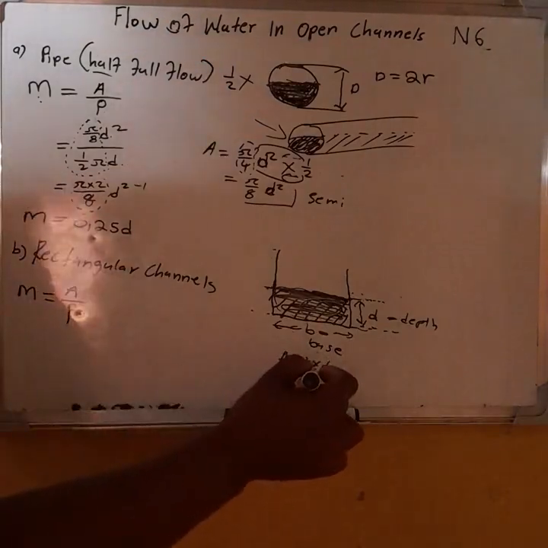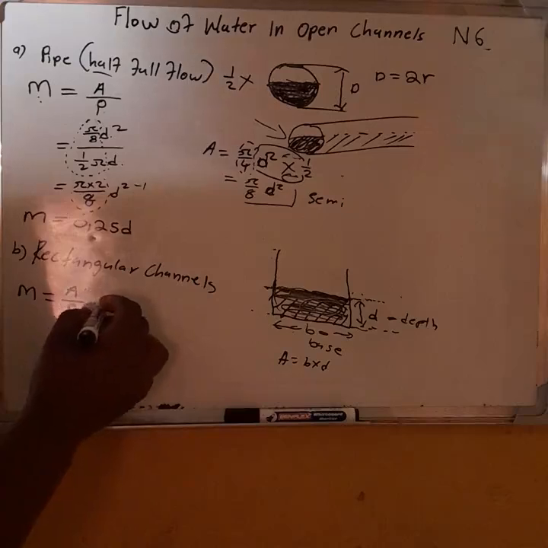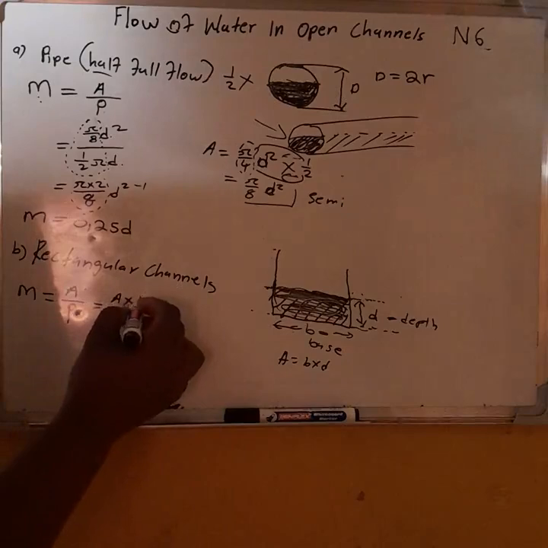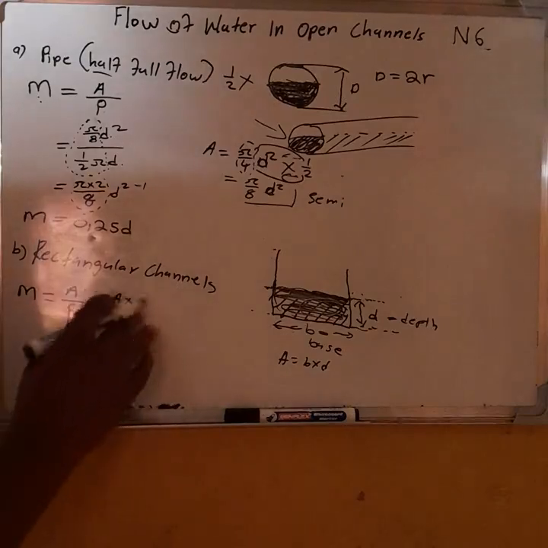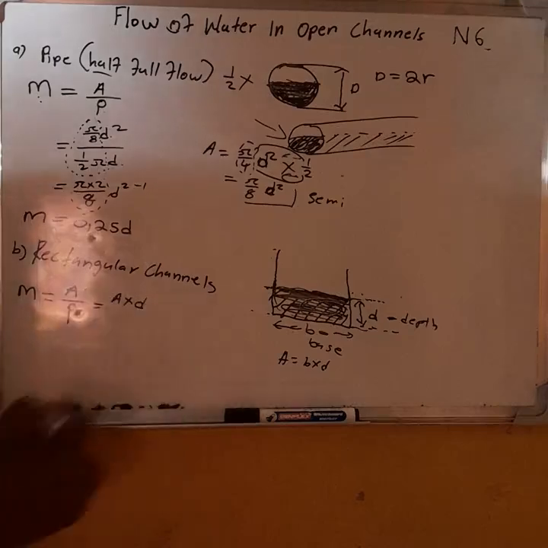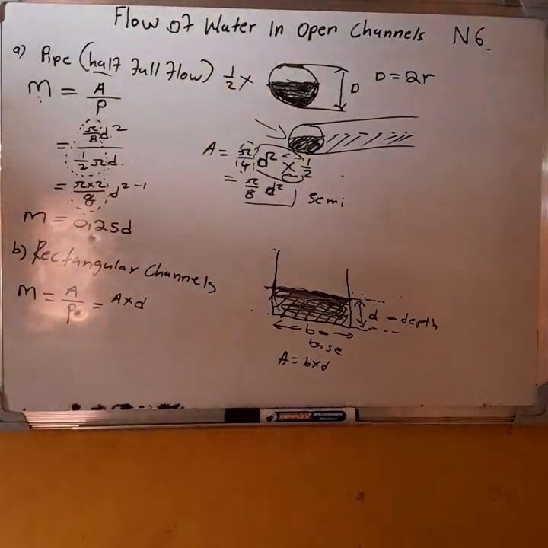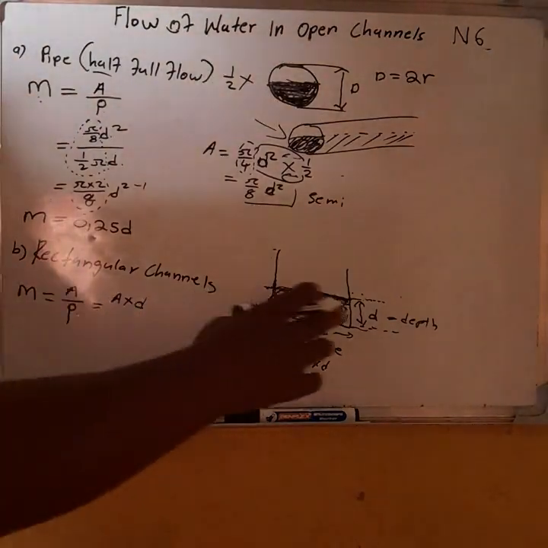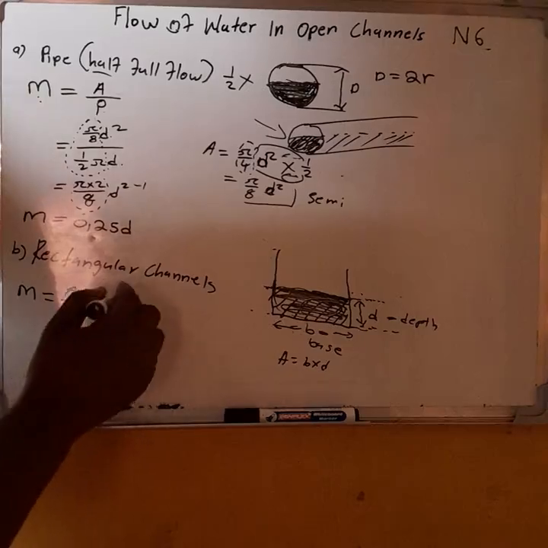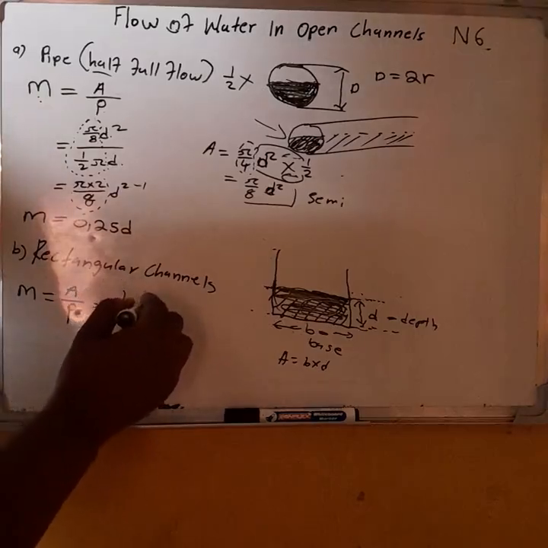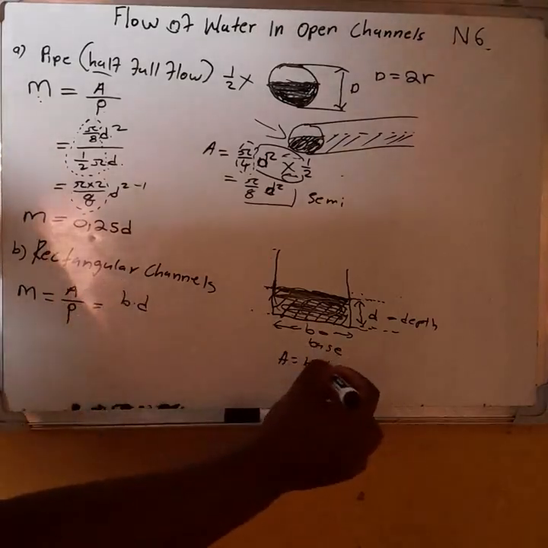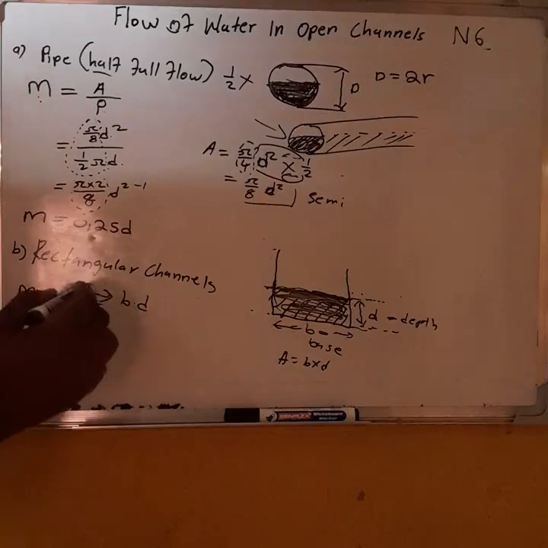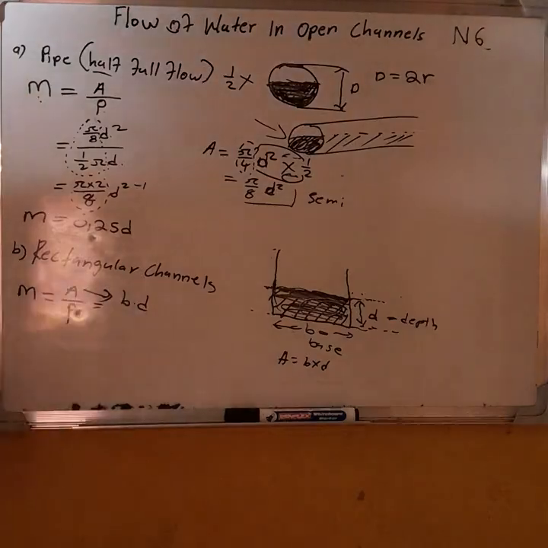So the formula is A equals B multiplied by D. Remember, this is the area.